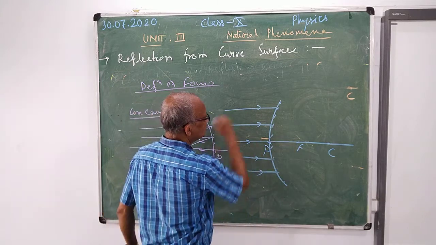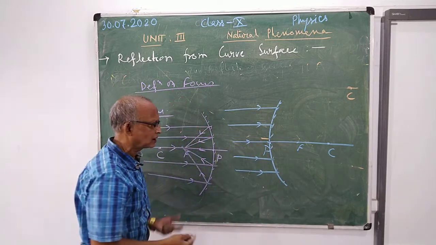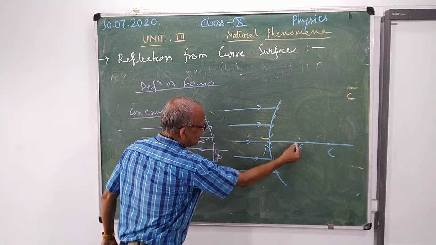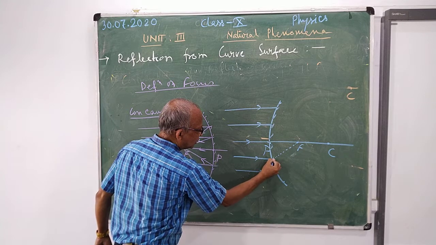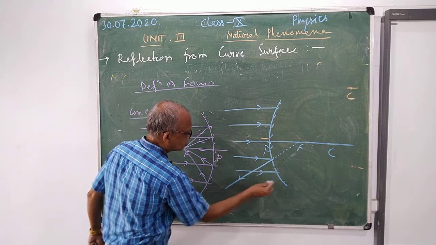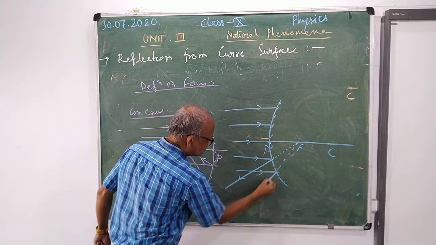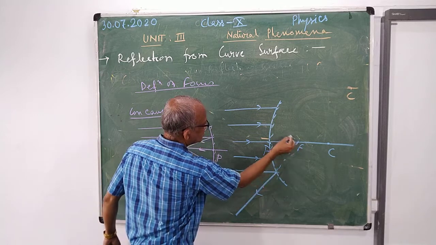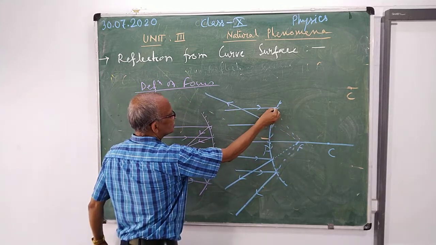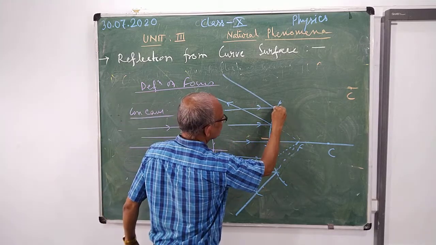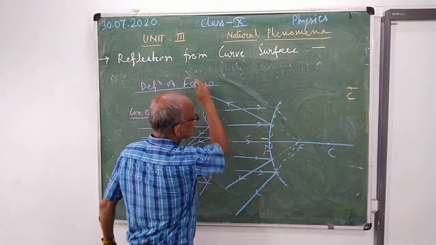Then how to draw the reflected ray? Check the technical drawing. You join F and this point by scale behind the mirror by a dotted line, and put arrow. Okay?